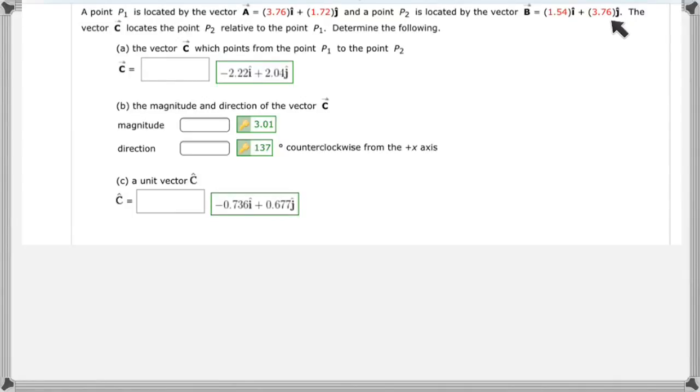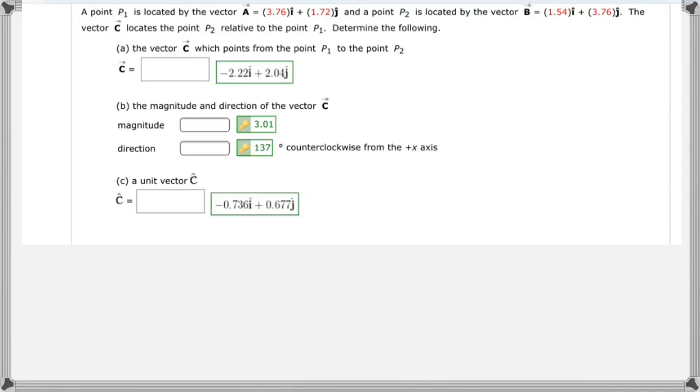The vector C locates the point P2 relative to the point P1, and you have to find the vector C which points from P1 to point P2. So you're given two vectors whose endpoints are P1 and P2, and you're asked to find the vector which connects the endpoints. So that is the deal.